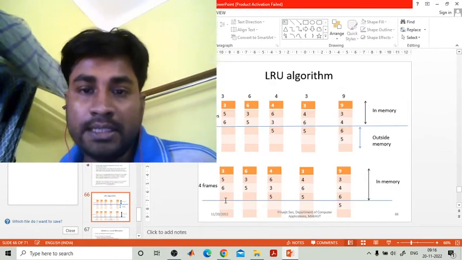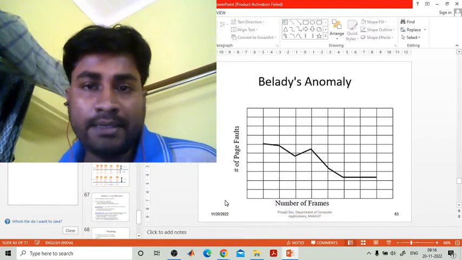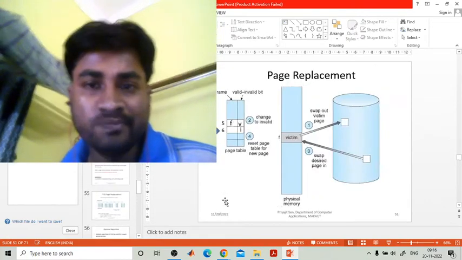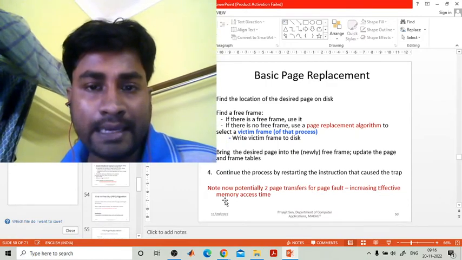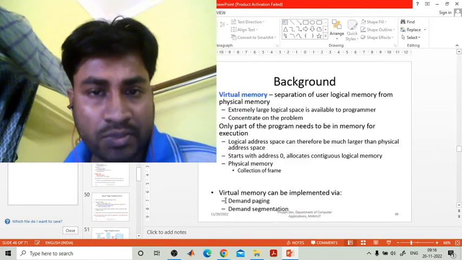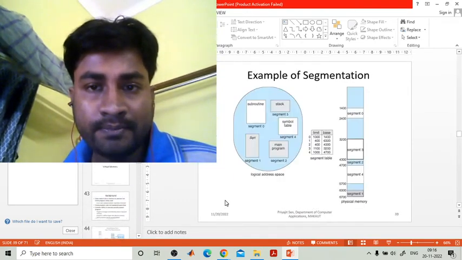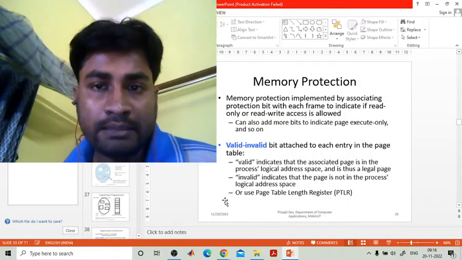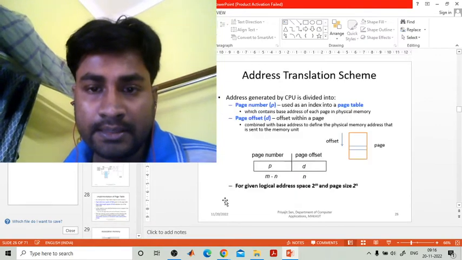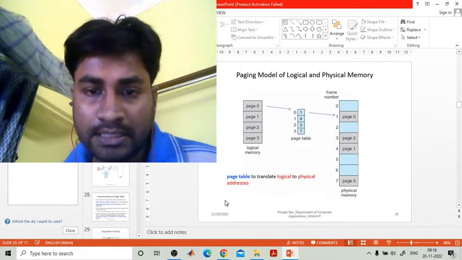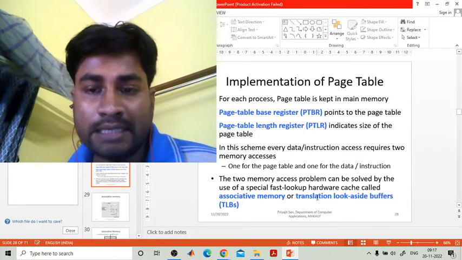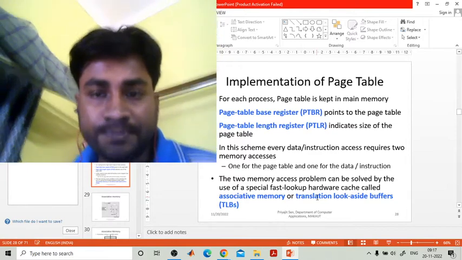These things should be studied. From this chapter I am telling you, you should go through this particular problem solving that I have taught today. Then the page replacement algorithm and what is the requirement, segmentation, demand paging, lazy swapper, virtual memory, and paging concept, then TLB, the translation lookaside buffer, this is important.